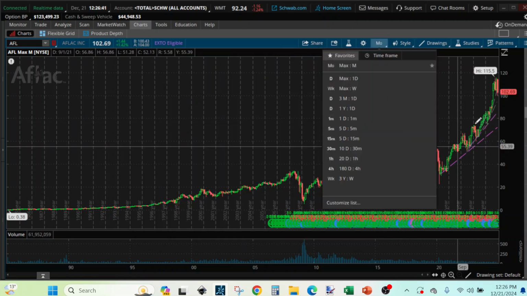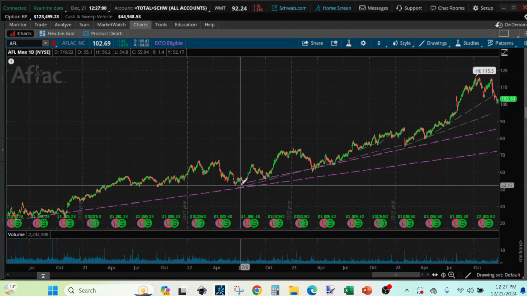Because of the shape of how it's navigating, it's moving, those highs are higher than those. So let's go to maximum daily chart. Let's see, what year is this? 2023, somewhere 2023, and we follow that chart.